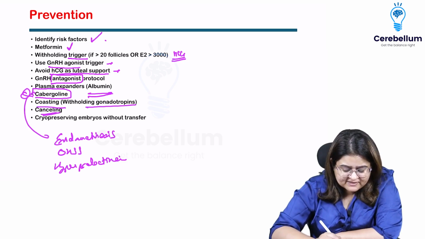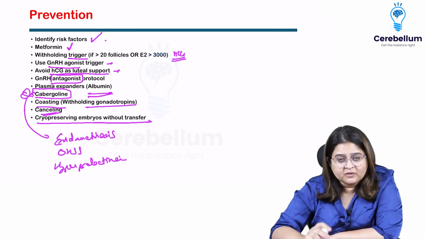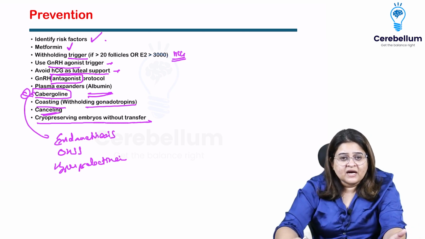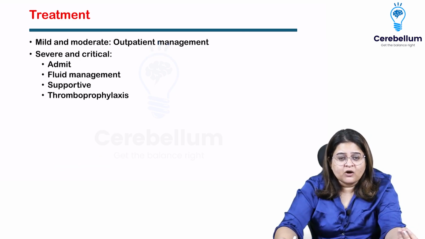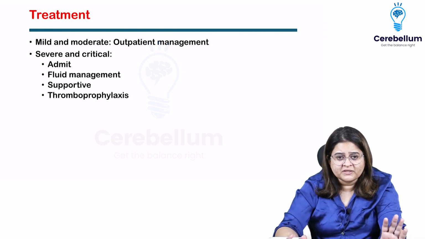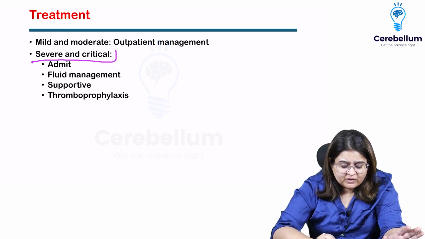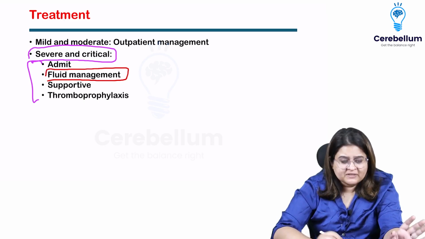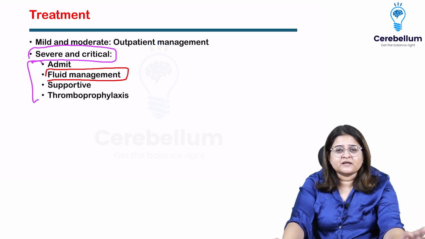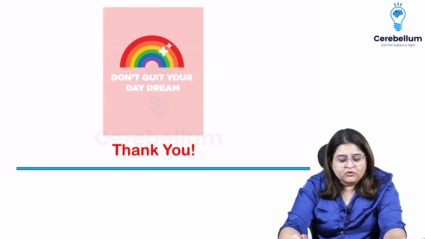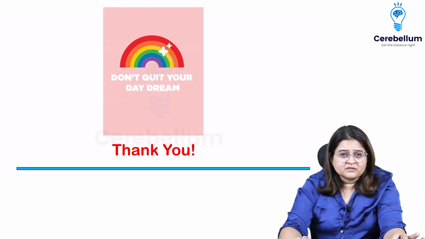You can cancel the cycle, or you can cryopreserve the embryos and not proceed further with the IVF cycle. How do you manage this? If she's mild or moderate OHSS, you can manage in the OPD, but for severe and critical, you have to admit. The mainstay of management is fluid management and maintaining electrolyte balance. That is the mainstay of management of ovarian hyperstimulation syndrome.